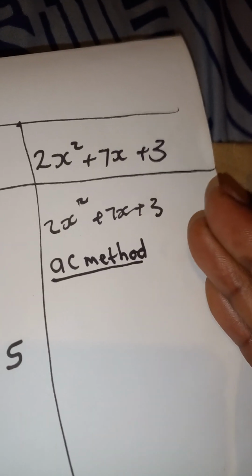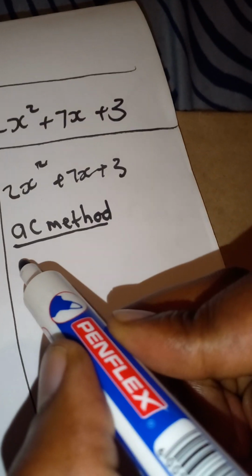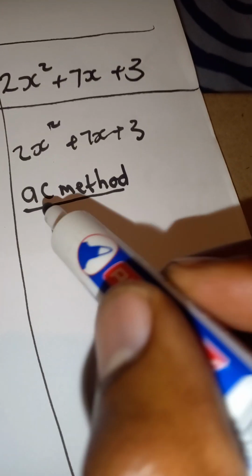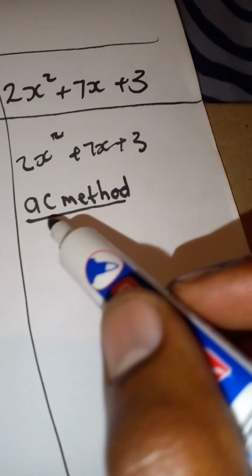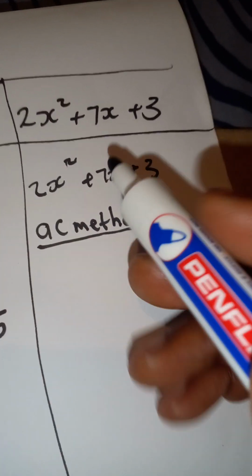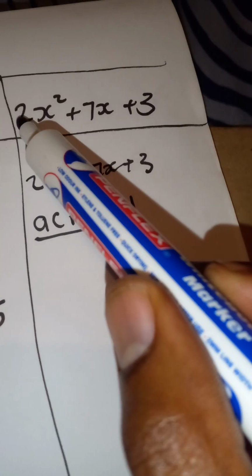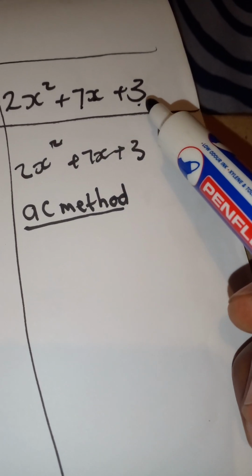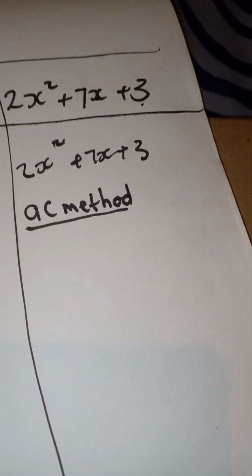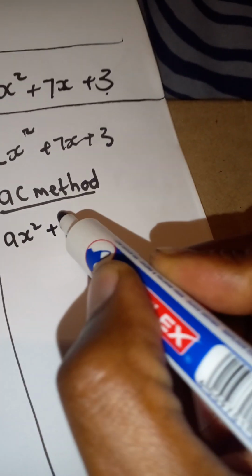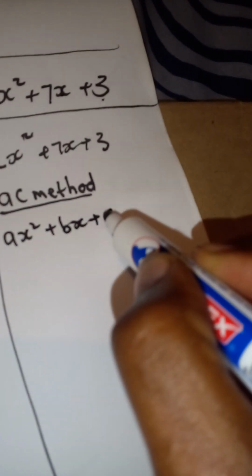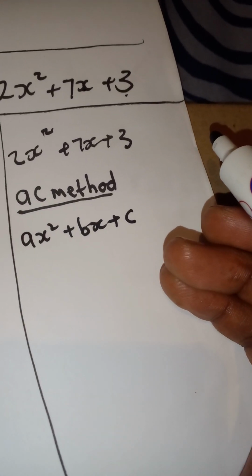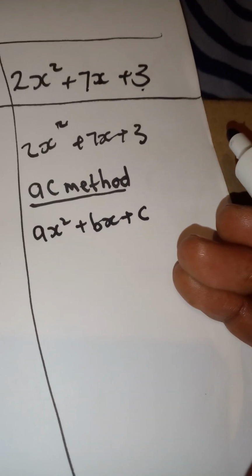What is an AC method? It is whereby you take the coefficient of x squared. The coefficient of x squared is our a, the coefficient of x is our b, then the constant is our c. Remember, I said that ax squared plus bx plus c is our general expression.